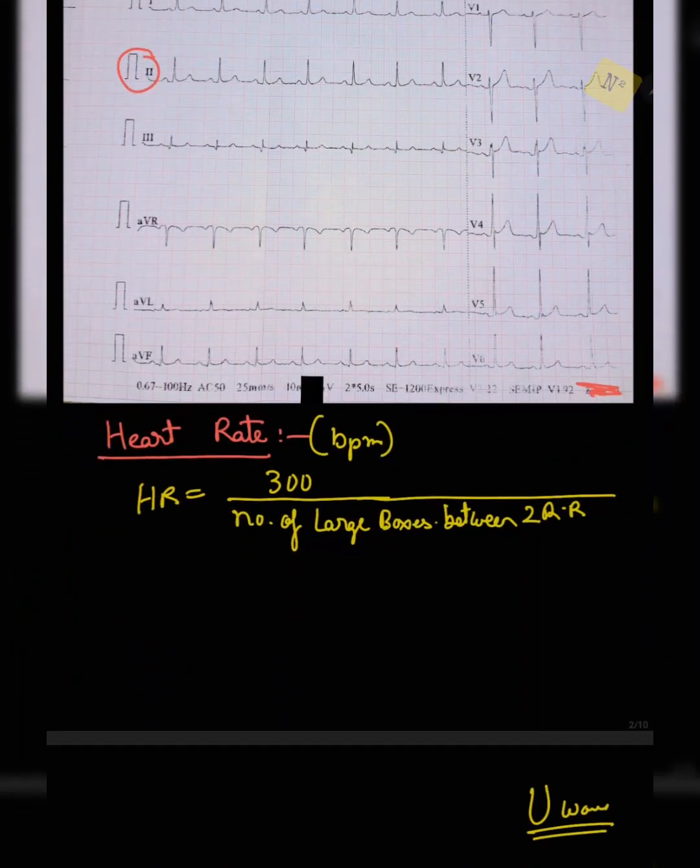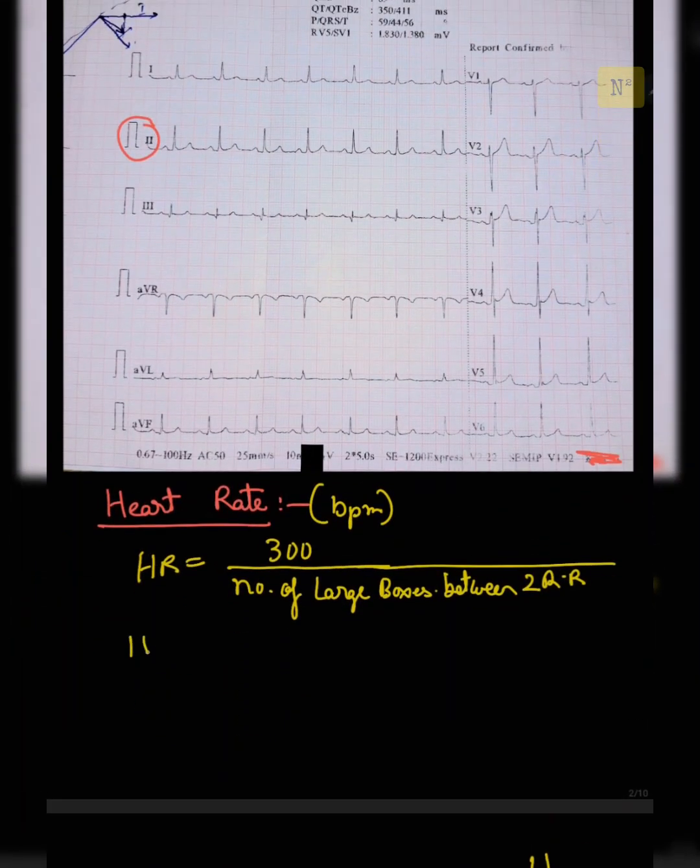Another formula calculates the heart rate using the small squares: 1500 divided by the number of small boxes between 2 RR intervals.